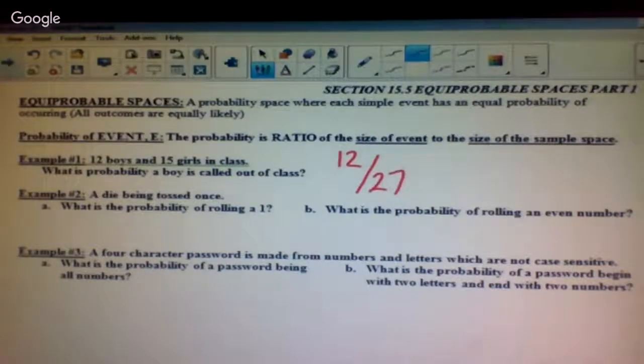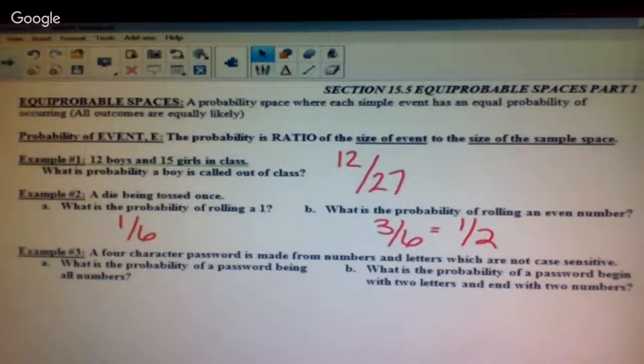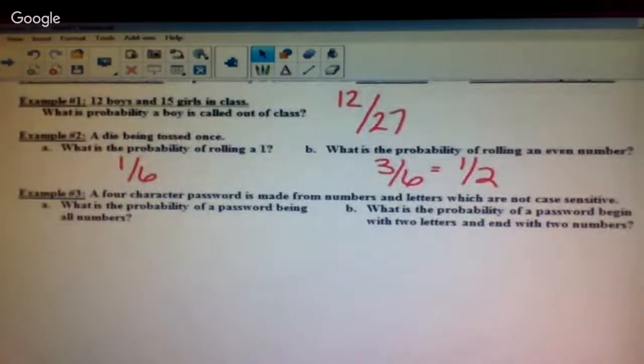What's the probability of rolling a 1 on a die? 1 out of 6. There's only one number 1 on a die. What's the probability of rolling an even number? 1/2, because it's actually 3 out of 6, which reduces down.